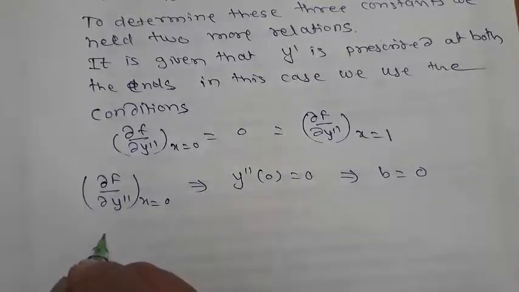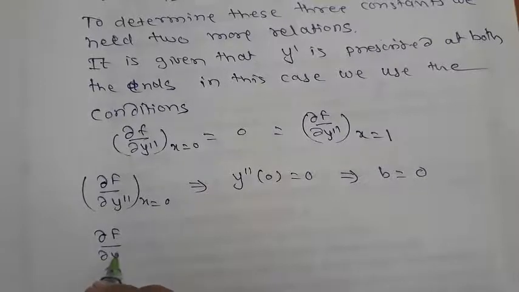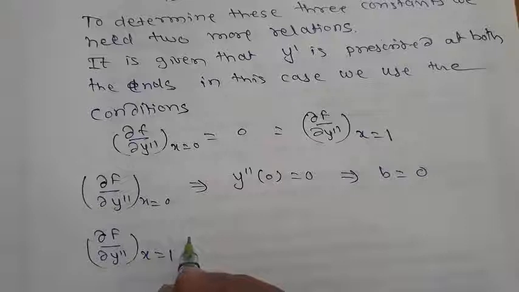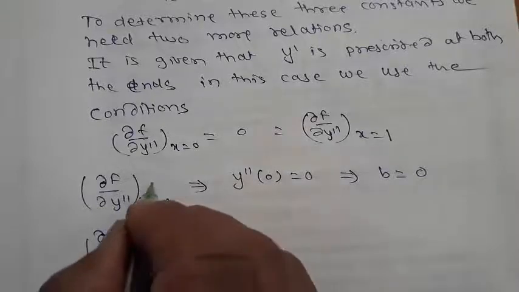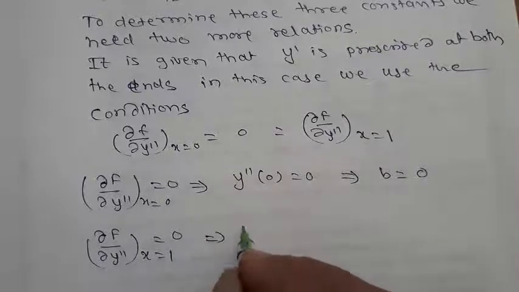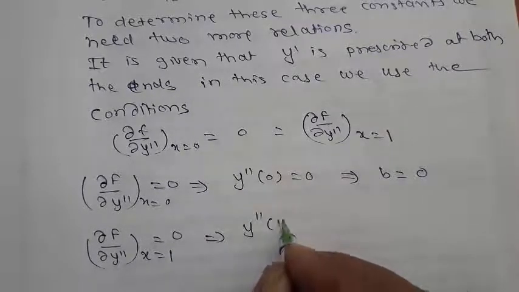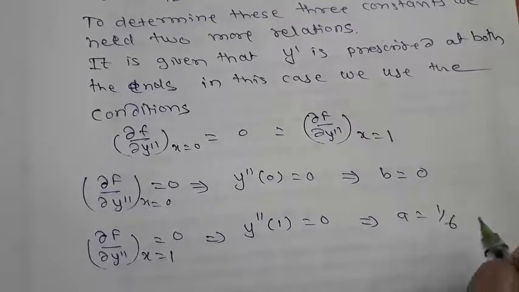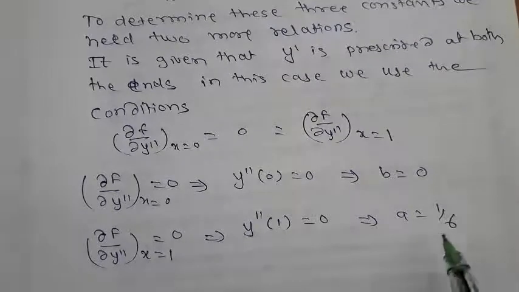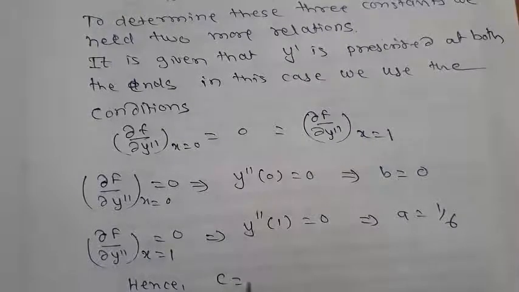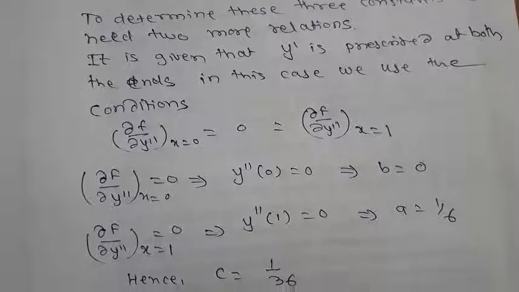The second condition implies y double dash at 1 equal to 0, which gives a equal to 1 by 6. If we substitute these values in the above equation, we get c equal to 1 by 36.